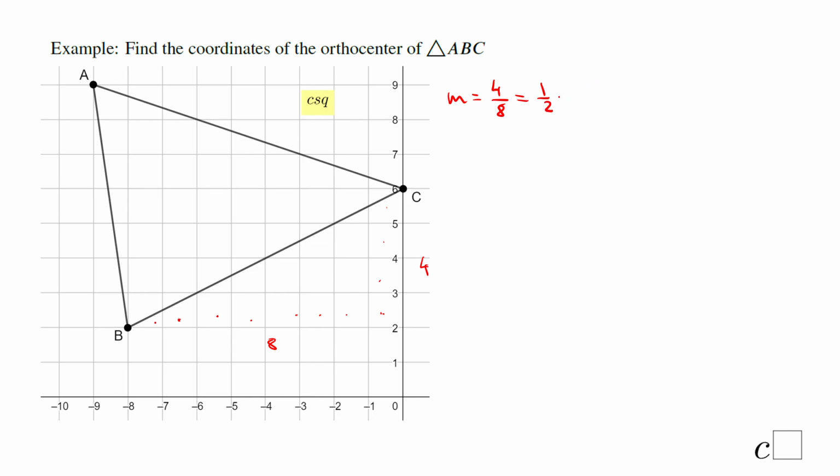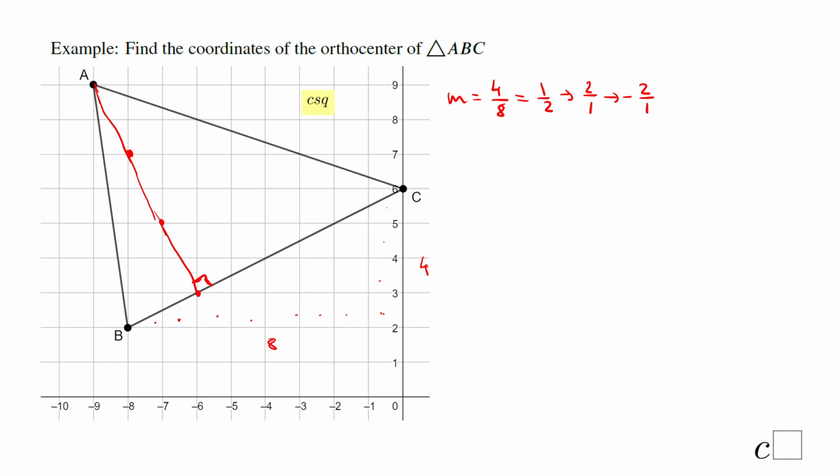I'm going to flip it, 2/1, and I'm going to change the sign, -2/1. So this is BC. So from here I'm going to go 2 down, 1 right, 2 down, 1 right, 2 down, 1 right, and I have my first altitude. So it did work fine, this one. It's right here.